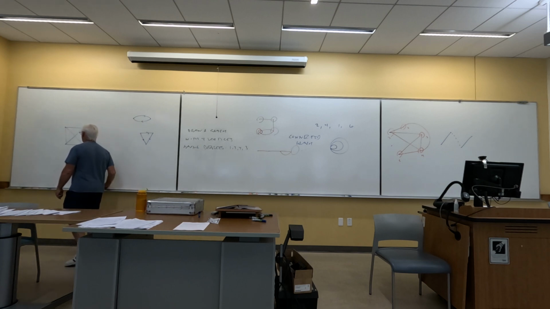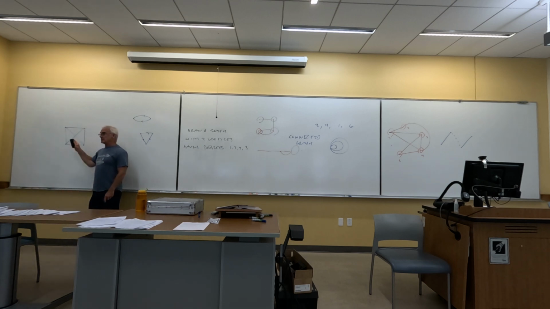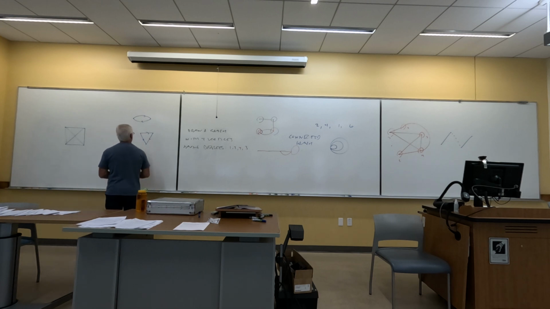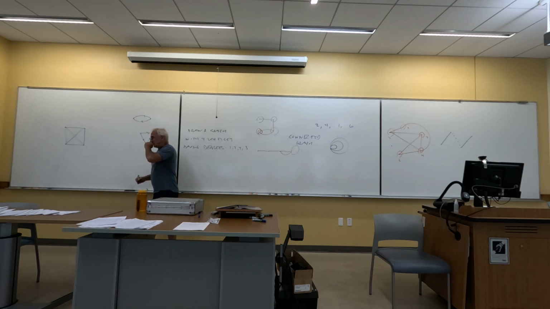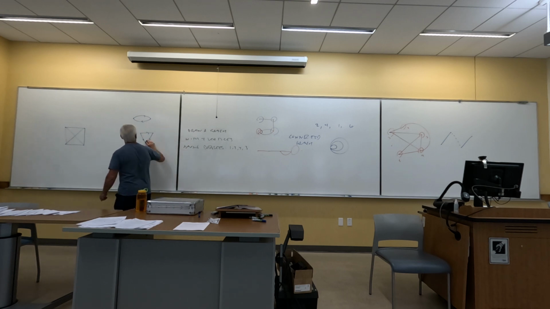Right now an edge joins every vertex, but I don't like the configuration. Now, I don't need the arrows, by the way. I just showed you if I wanted to start and come back. So I just have vertices and edges.